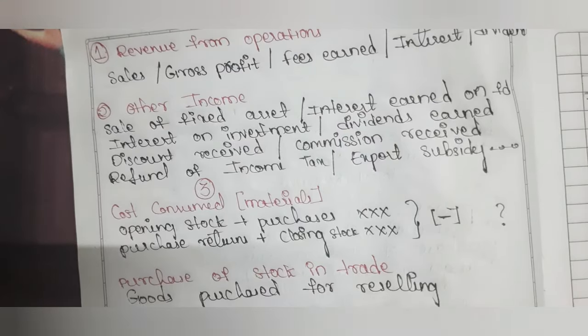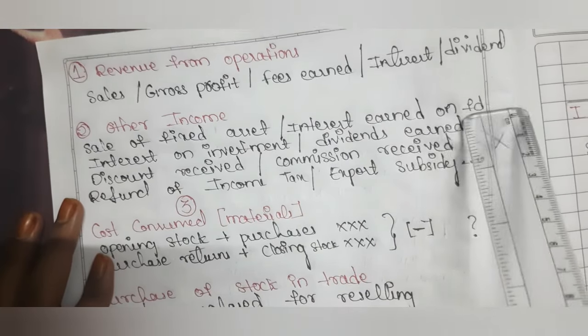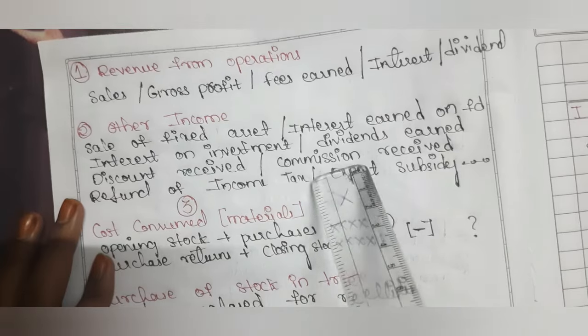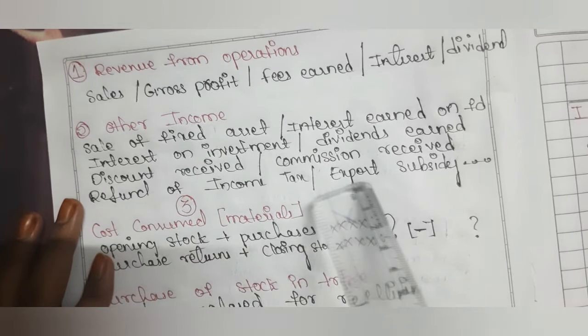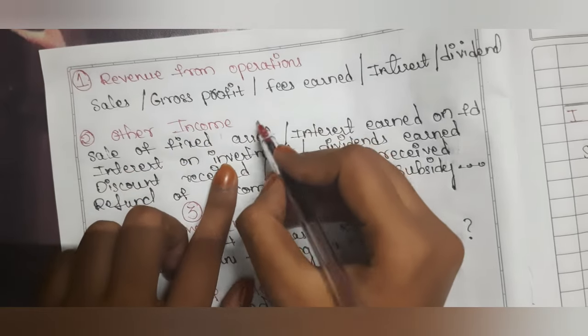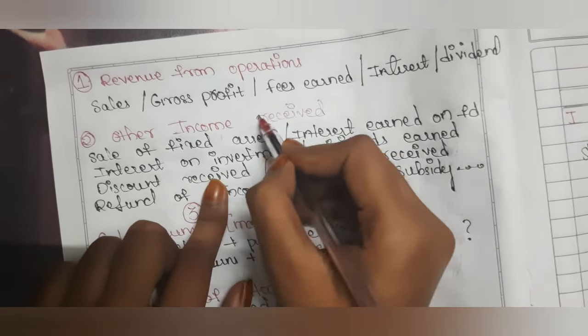Okay, so other income. In other income, what things you need to consider: sale of fixed asset, interest earned on fixed deposit, interest on investment, dividends earned, discount received, commission received, refund of income tax, export subsidy. So basically other income means, you make sure you are remembering the word received.